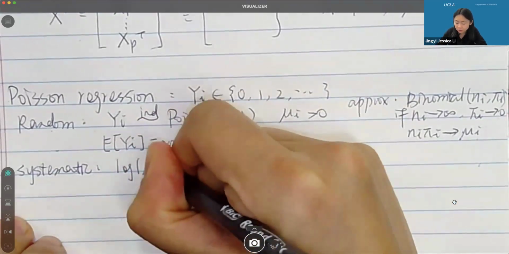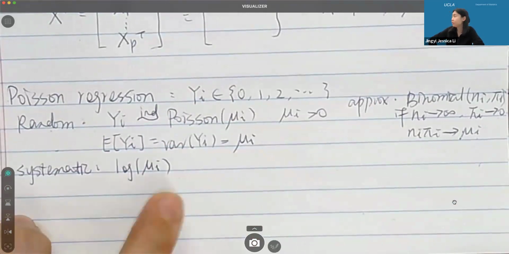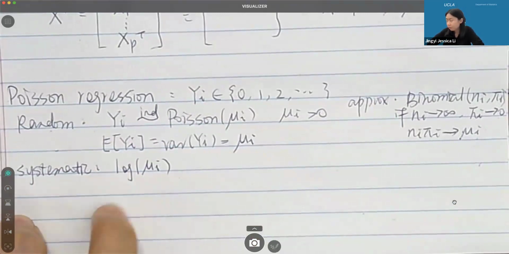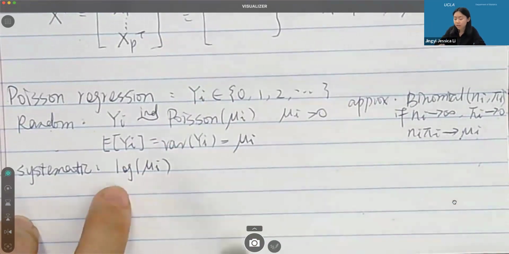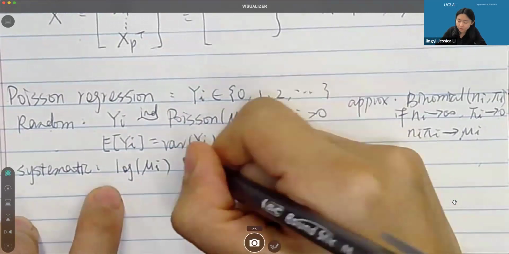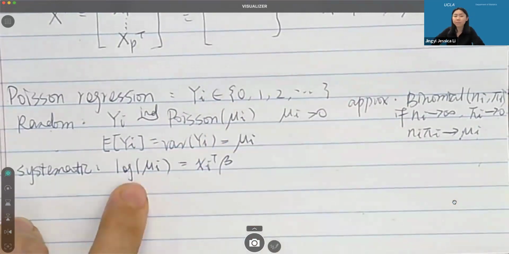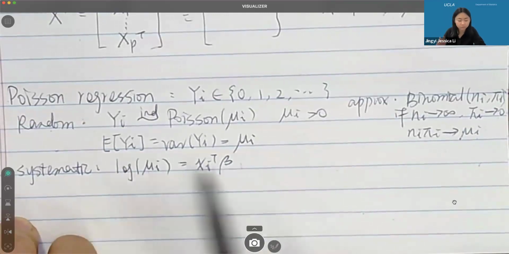Here the link function is the canonical link function. If you write out the Poisson in exponential family form, you can see that the link function, as the inverse of the b prime function, is actually the log function: log mu i equals xi transpose beta. You can see that mu i is positive, but log mu i ranges from negative infinity to positive infinity. So we satisfy that both sides are real values.